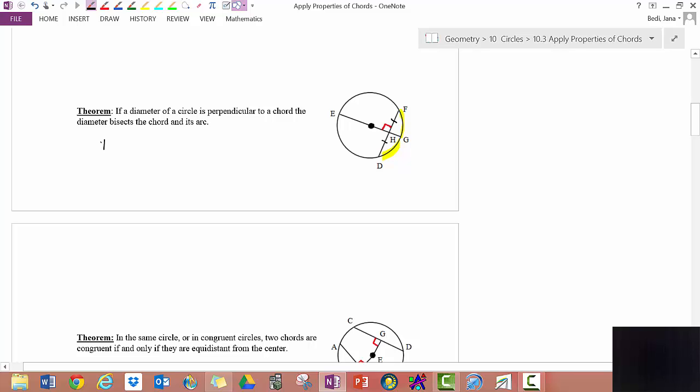So we are saying segment DH is congruent to segment HF, and arc DG is congruent to arc GF, and that is because we're given that EG is a diameter, we're given that it intersects segment DF at a right angle, therefore it bisects segment DF and minor arc DF.